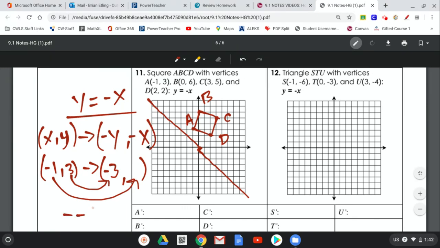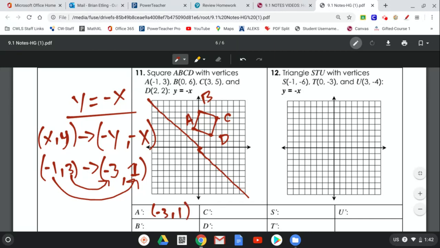Negative, negative 1. If we have a negative, negative 1, it's really the same thing as saying positive 1. Okay, we're saying negative 1 times negative 1. That's what this is saying. Then we're going to have a positive 1. All right, so the coordinate for A is going to be negative 3, 1.